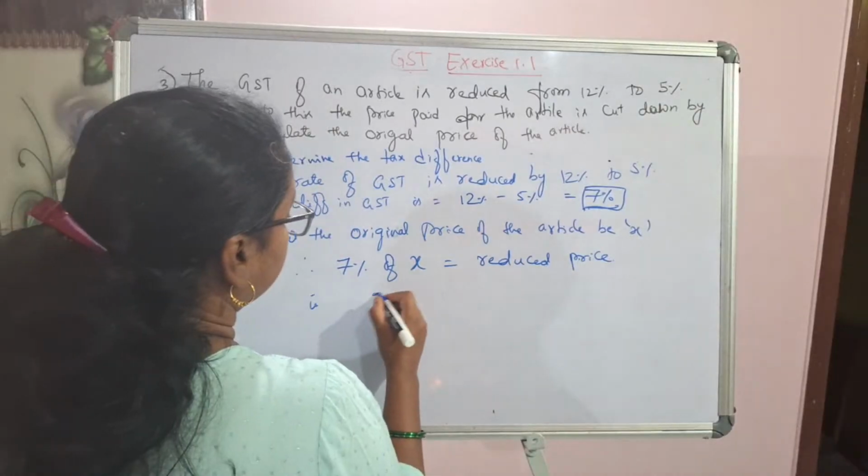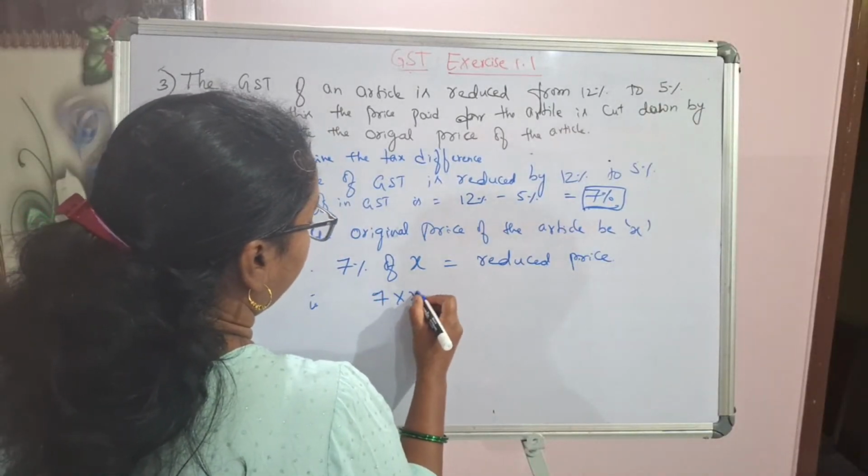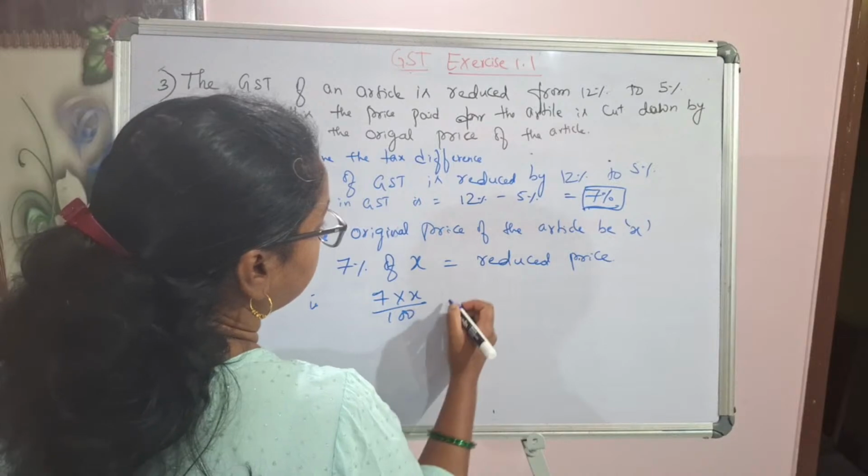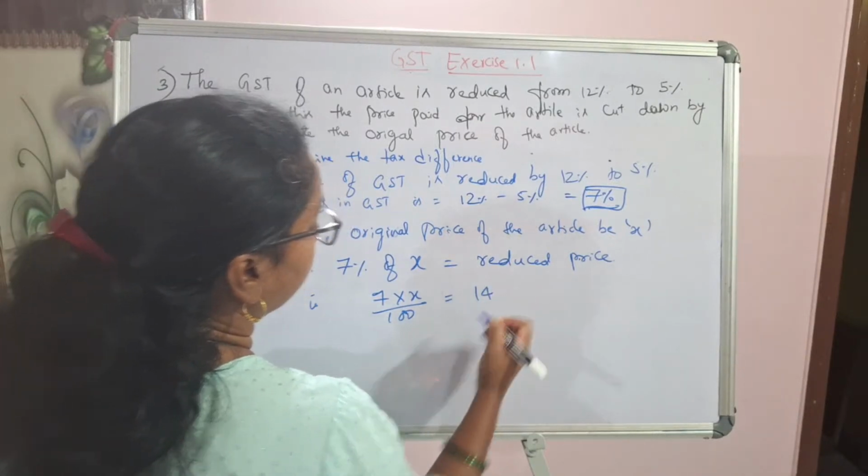That is, 7 into X divided by 100, which is equal to 14.